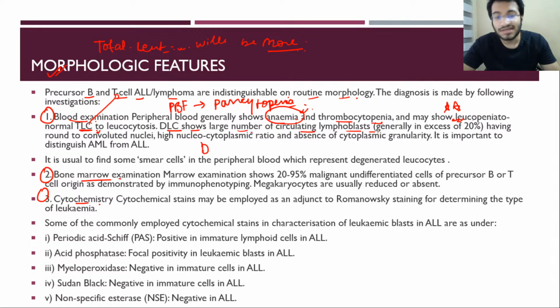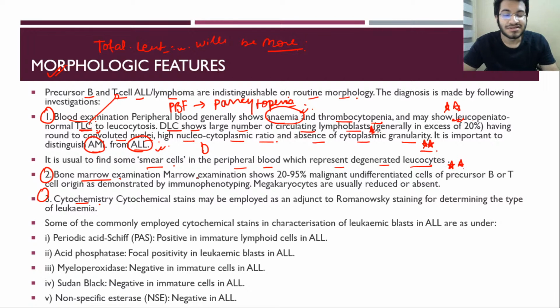It will show the highest amount of lymphoblasts having round to convoluted nuclei, a high nucleocytoplasmic ratio, and absence of cytoplasmic granularity. And it is important to distinguish AML from ALL. Then it is usual to find some smear cells in the PBF, which represent degenerated leukocytes, right?